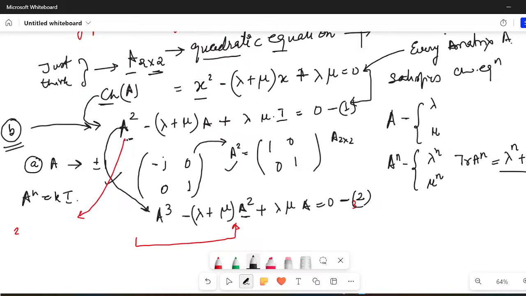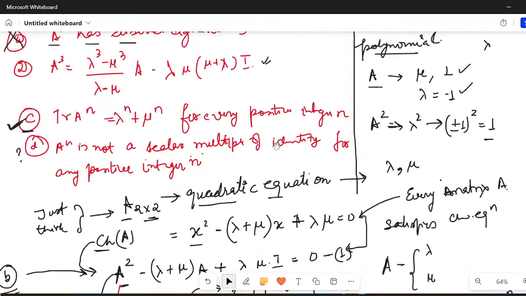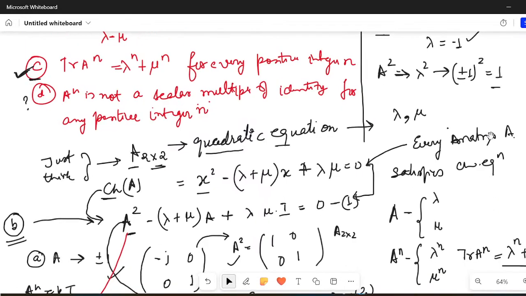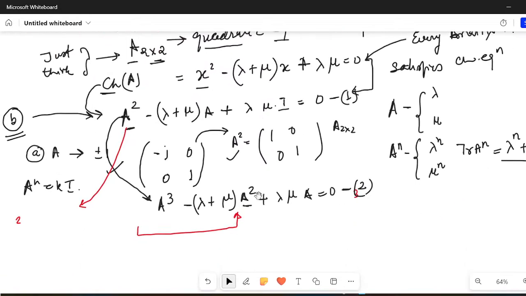Then you will have all the options in A cube, A and I. In the option itself it is clear that A cube is represented in terms of A and I. Here I know A square is given to us, right?